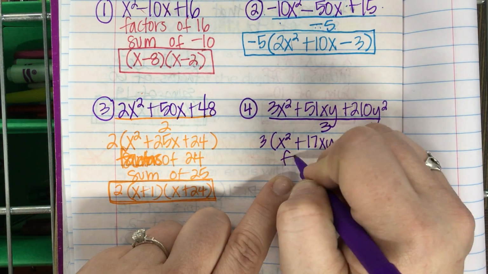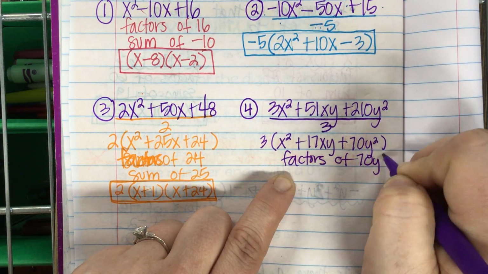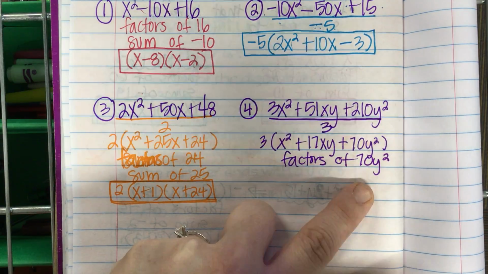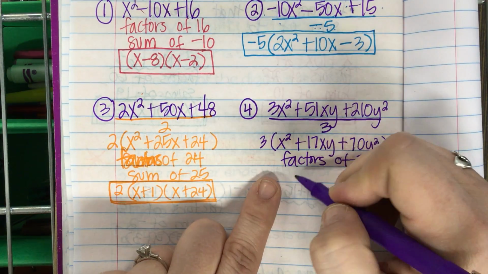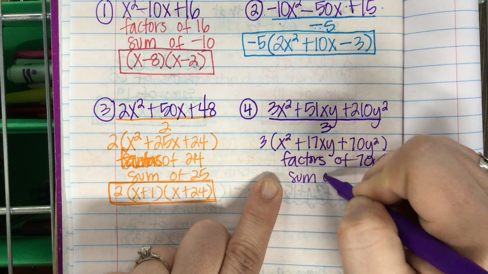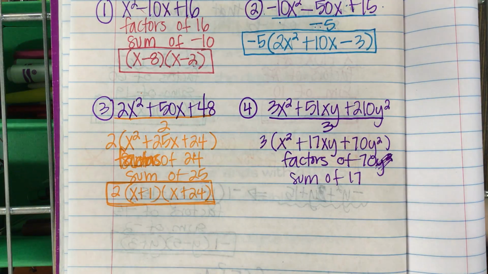I want factors of 70y squared, or just 70, that have a sum of 17. Factors of 70. Oh, 7, easy. 10 and 7.